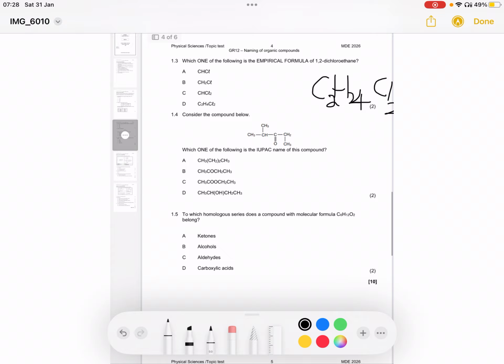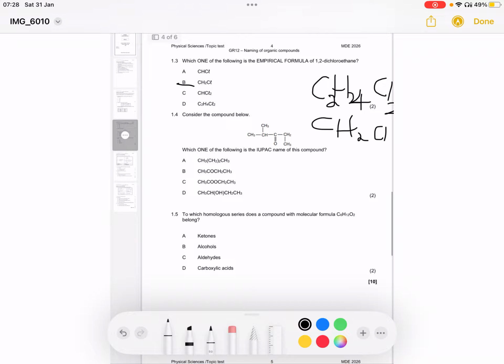Now, when you're taking the empirical formula, we normally divide by the smallest value. So we get CH2Cl, and that is number B.